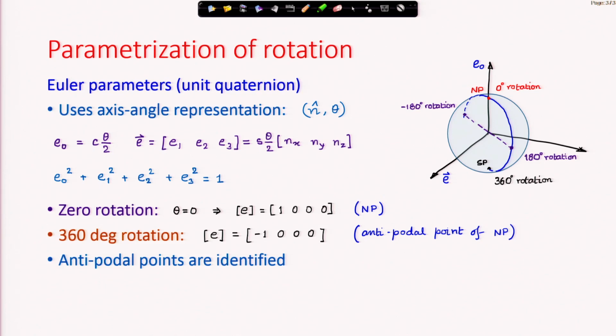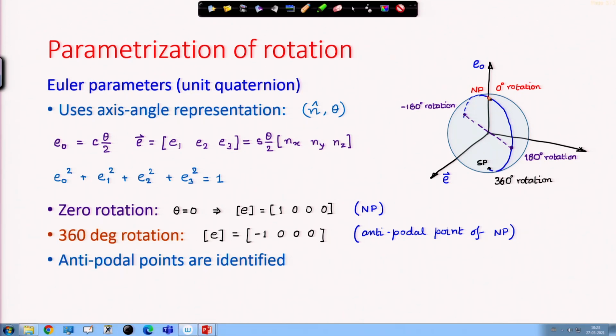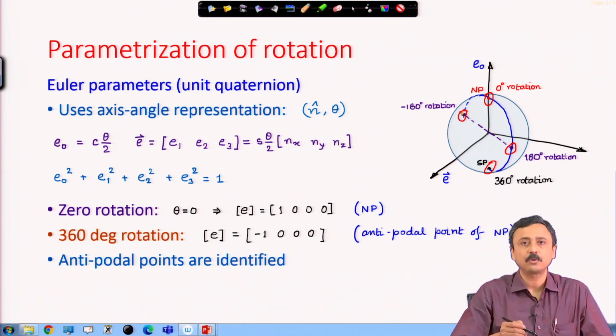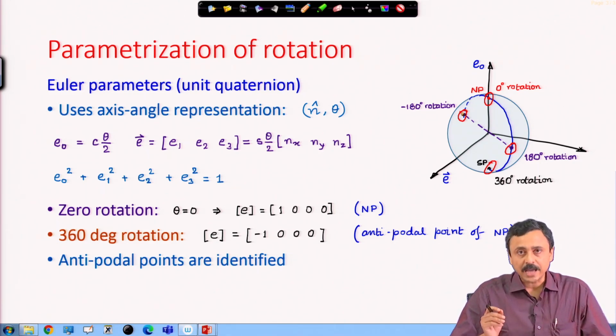Now, because 0 degree rotation and 360 degree rotation are absolutely the same orientation, these 2 points are identified. This point and this point represent the same orientation, and similarly plus 180 degree rotation and minus 180 degree rotation, again diametrically opposite, antipodal points, are also identified. Therefore, antipodal points represent the same orientation.